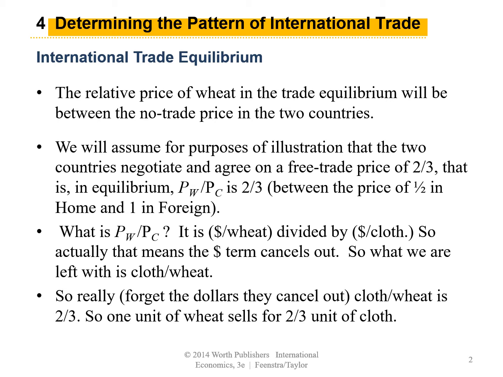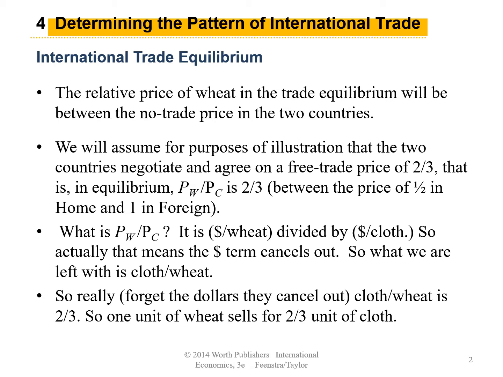And we'll assume for purposes of illustration that the two countries negotiate and that they agree on a free trade price of 2/3, which means that in equilibrium, PW over PC is 2/3. And that, when represented by a slope, lies in between the slope of the domestic country's production possibility frontier and the foreign country's production possibility frontier.